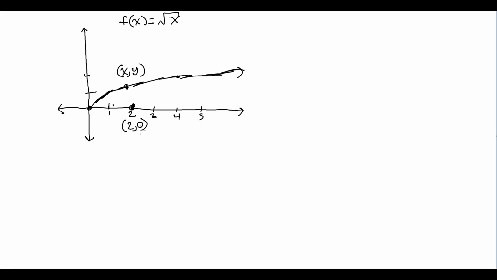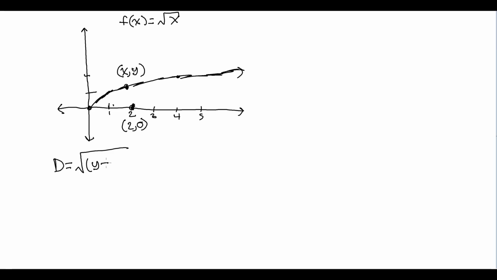Okay? So we want to find the closest point, the point on the graph of the function which is closest to the point (2, 0). Okay. So we want to minimize the distance we'll call d. Okay? And we use the distance formula.